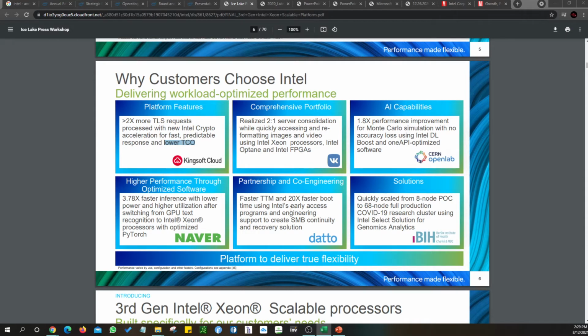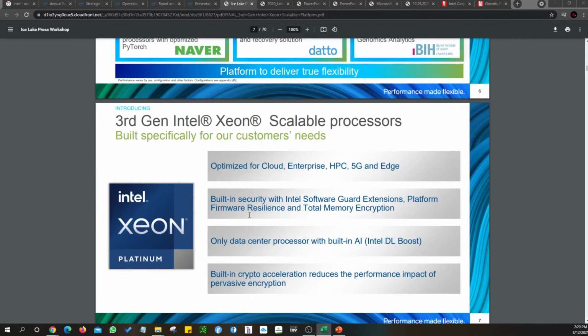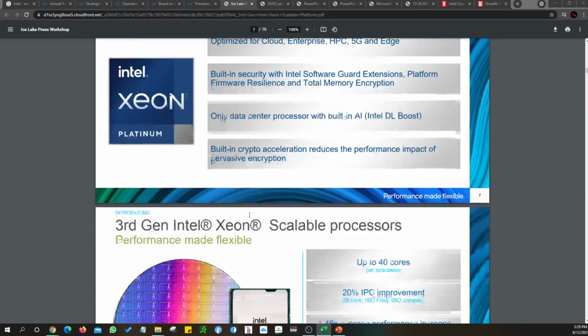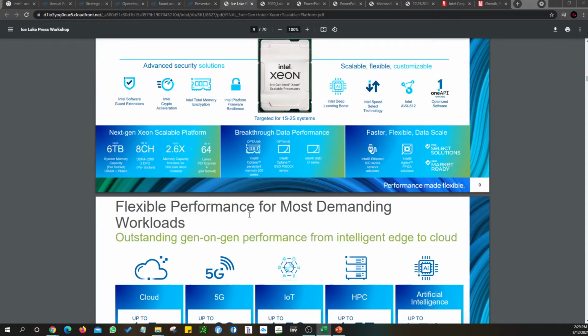And what other things? Yeah, into the future technology. So this speaks about Xeon itself.